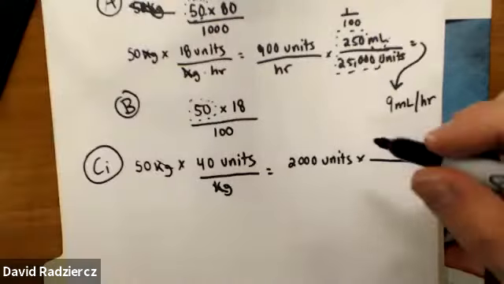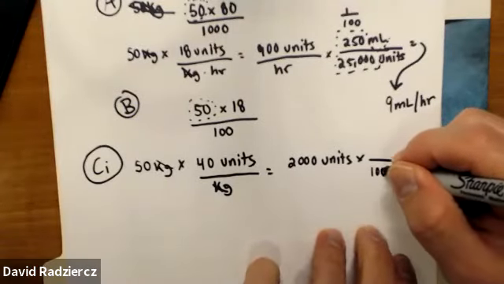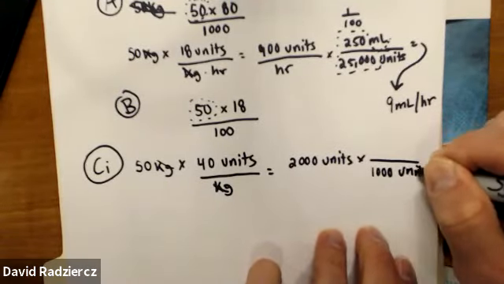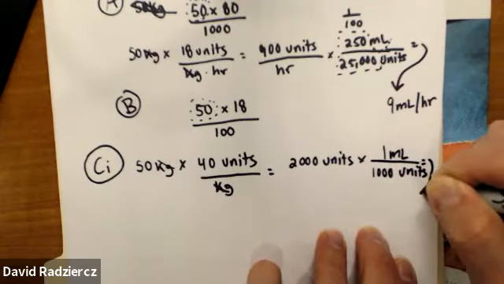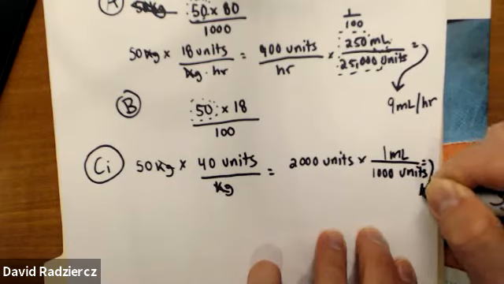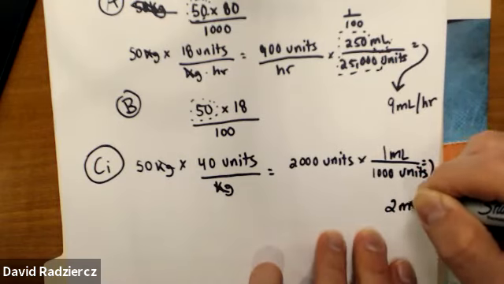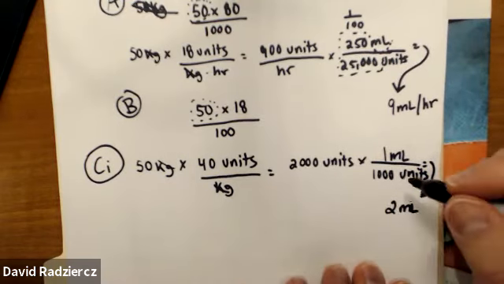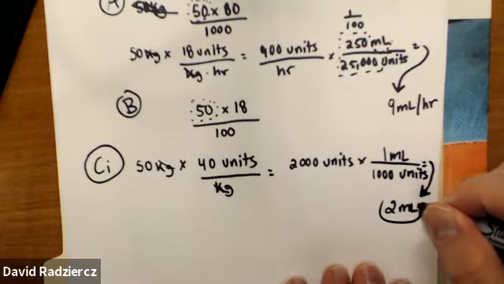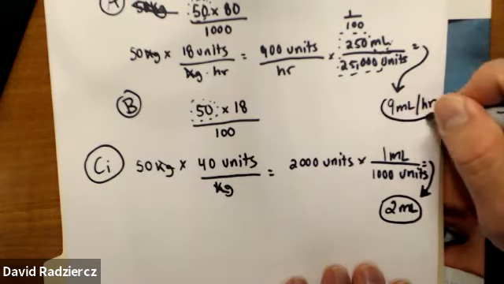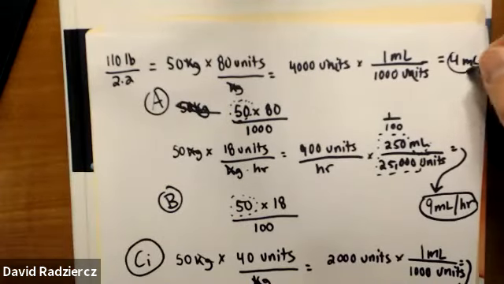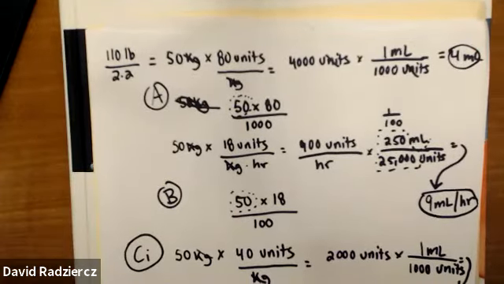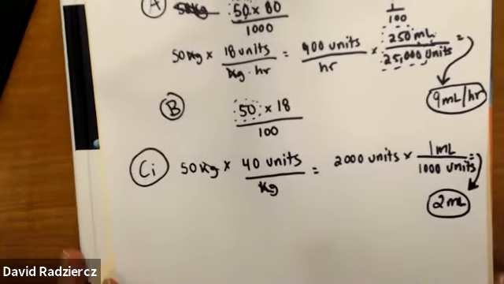So I'm going to use the same bolus dosage strength number, the 1,000 units, the 1 milliliter, and you're going to get 2 milliliters as your answer. Okay. So I'm going to circle my answers. That way you guys can see this a little bit clearer. Okay. So 2 milliliters.